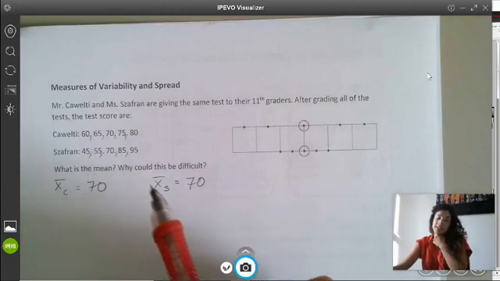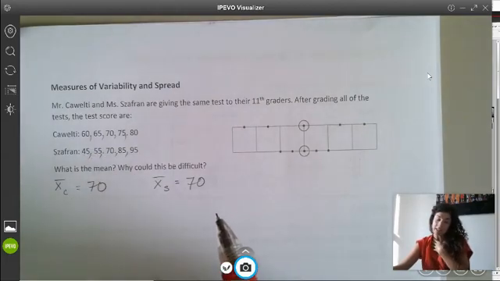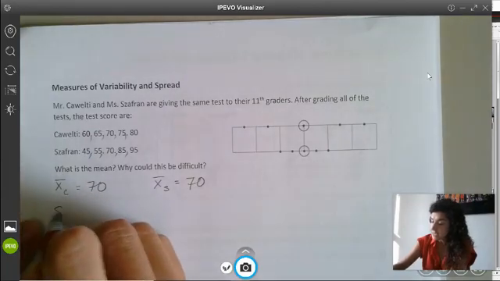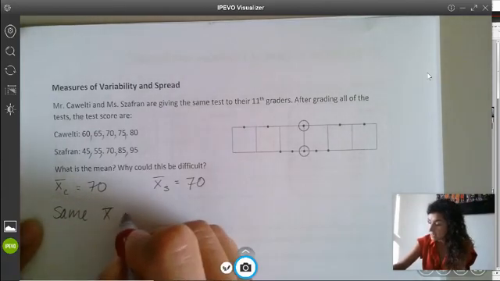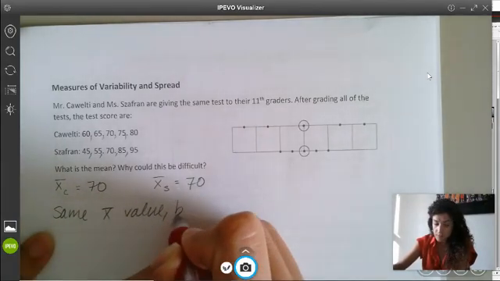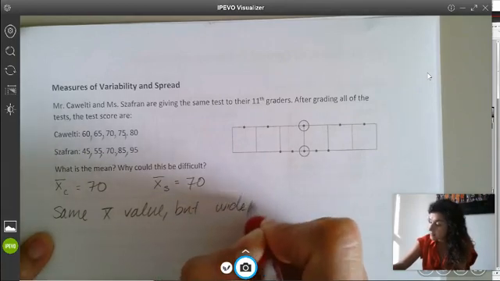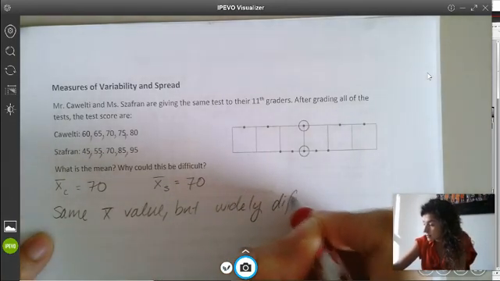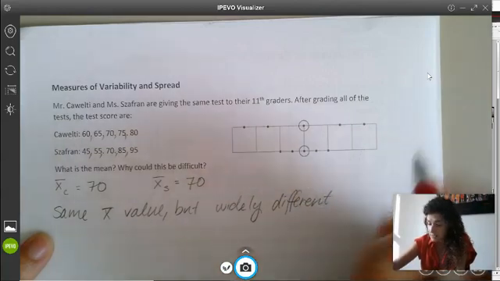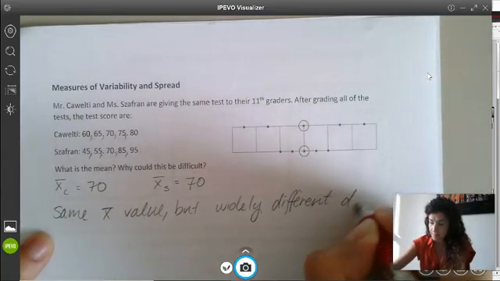So when we get the same mean, the same representation of central tendency, it can really disrupt what our impression of the data can be. So we have the same mean value, but widely different data.